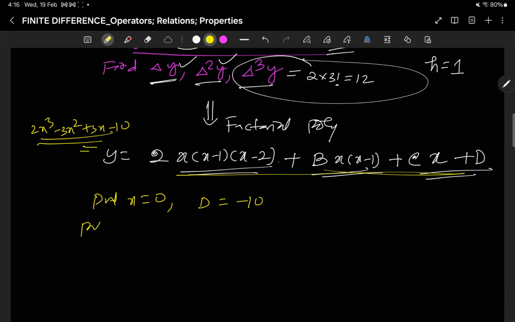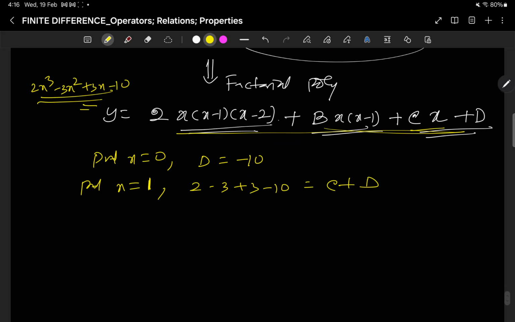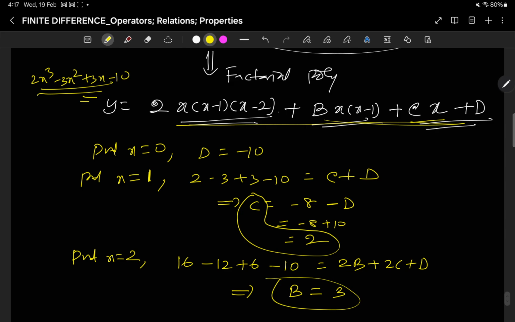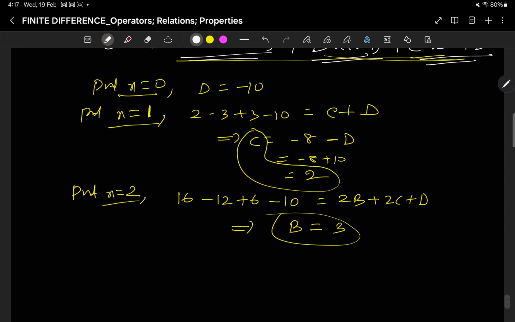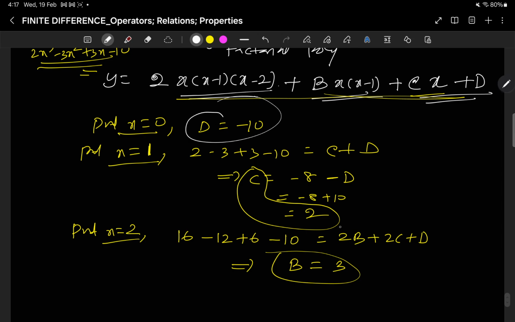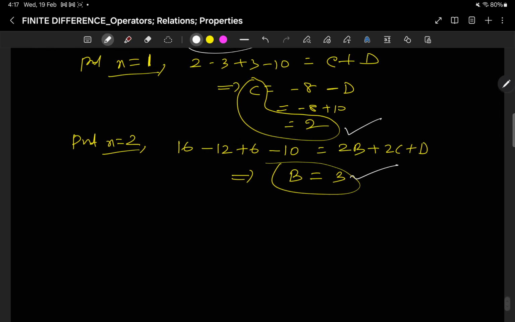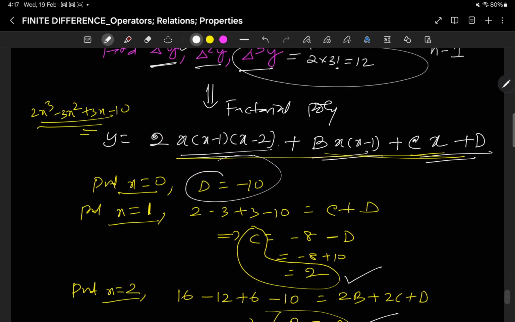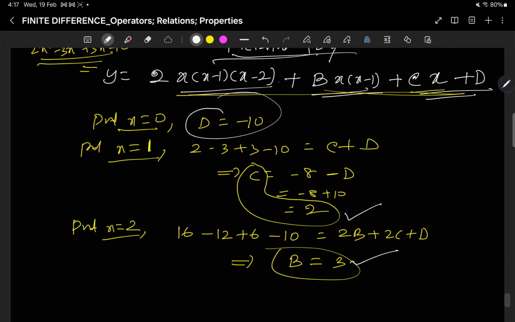If we put x is equal to 1, then 2 minus 3 plus 3 minus 10 is equal to c plus d. Likewise, putting x equal to 0, 1, 2, we get the values of a, b, c, d. So now this polynomial is written in terms of a factorial polynomial.